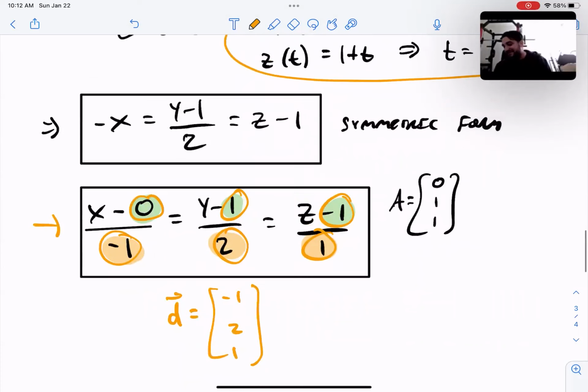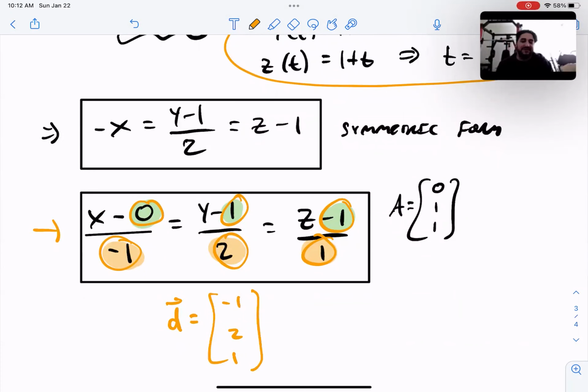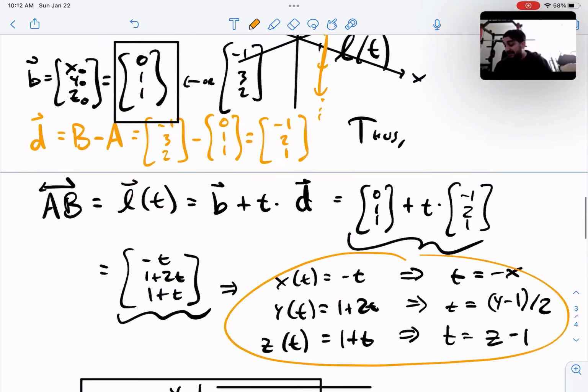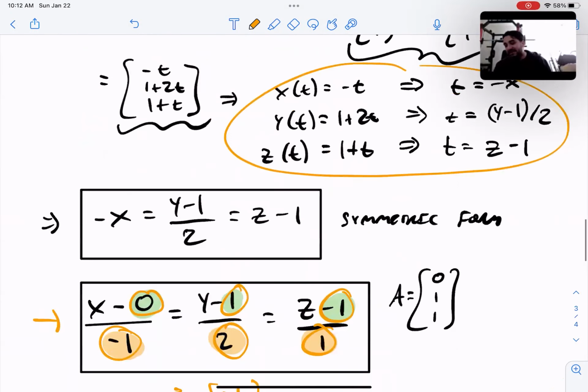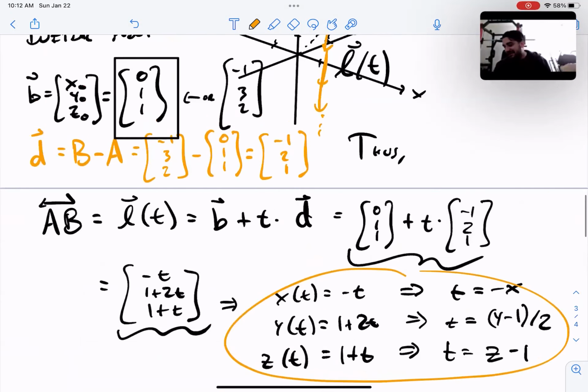But you could also skip directly to the symmetric form, given the information. We could have done symmetric form first, by just saying, here's where I want to start, and put those numbers in the x minus, y minus, z minus, up top, and then say, here's the direction vector, and put those numbers in the denominator. I could have started with symmetric form, but I just wanted to connect the two.